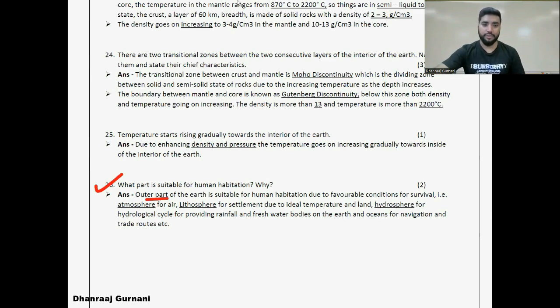That is, because of the presence of atmosphere, that is air, lithosphere, that is land or rock for settlement, and ideal temperatures on this land, and hydrosphere, which is water, for the hydrological cycle, that is the water cycle, for providing rainfall and fresh water bodies on the earth, and oceans for navigation and trade routes. That's why the most suitable part for human habitation is the outer part of the earth, that is the crust.